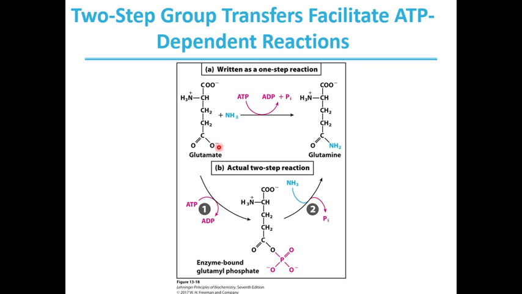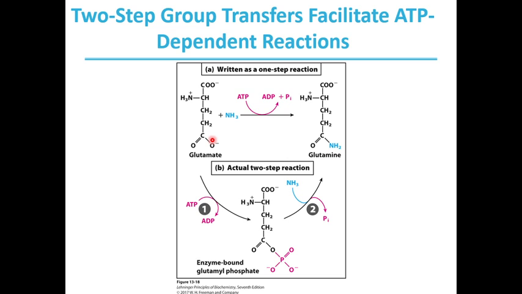In this case, glutamate is converted to glutamine in the presence of an enzyme, and ammonia is being used when this oxygen is replaced by NH2. Now, to facilitate this reaction, coupling of ATP hydrolysis to ADP drives the reaction forward.